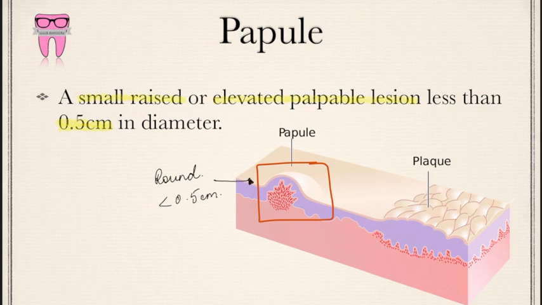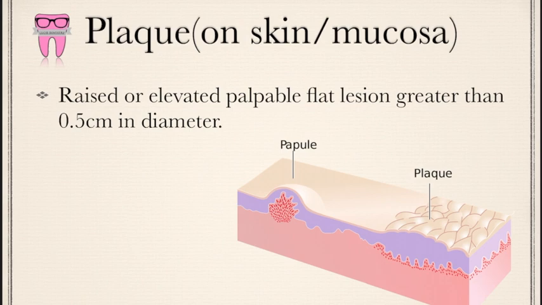Now coming to the next lesion present above the level of the mucosa, a plaque. Plaque is a raised or elevated palpable flat lesion. You remember the previous lesion, papule, was round in shape, whereas plaque is flat in shape and is greater than 0.5 centimeter in diameter.